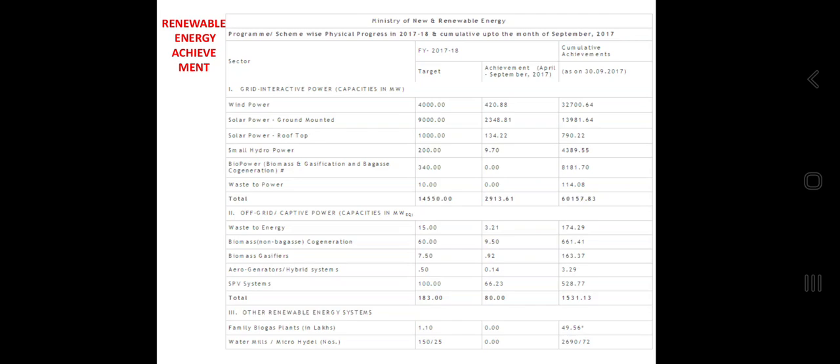So these are grid-connected powers, off-grid or captive powers, waste to energy, biomass gasifiers, hybrid systems, solar PV systems. Other renewable energies are family biogas plants, water mills, micro-hydel power generation.